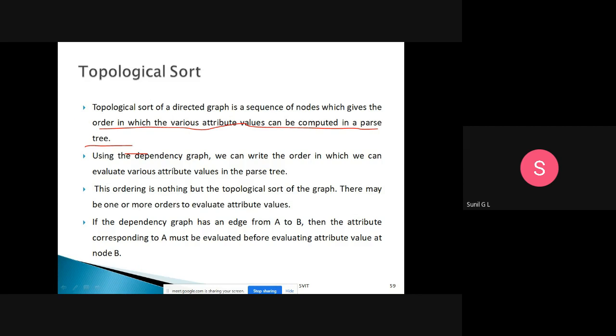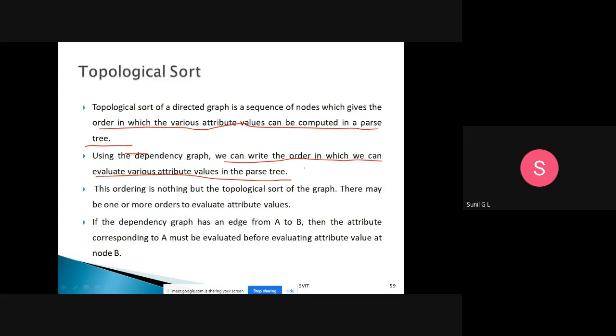So using this dependency graph, we can write the order in which we can evaluate various attributes in the parse tree. Once we write the dependency graph, we can easily write the order in which we can evaluate the various attributes: first attribute, after that next attribute, and so on. That ordering is done using the topological sort.